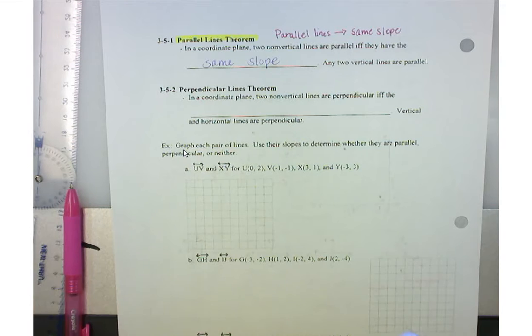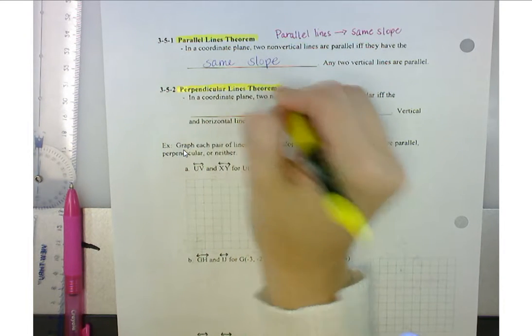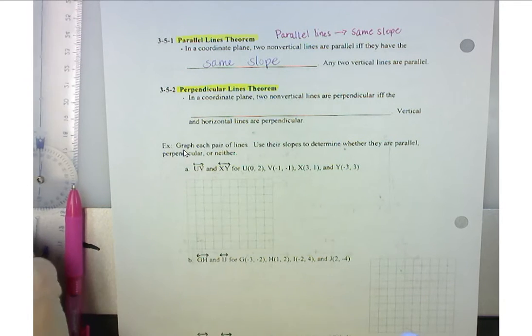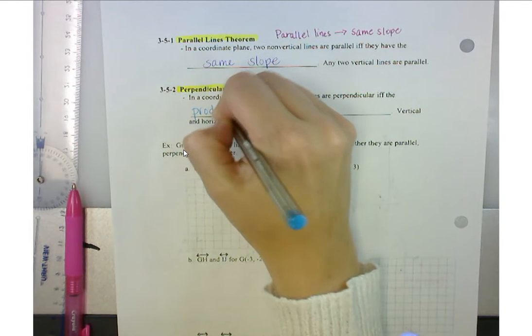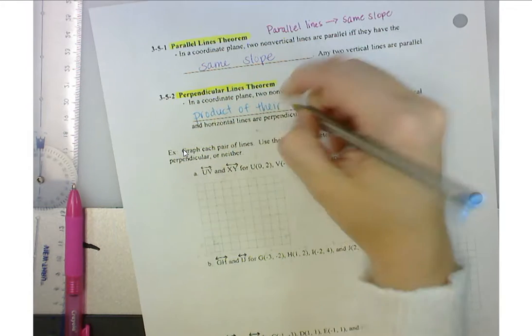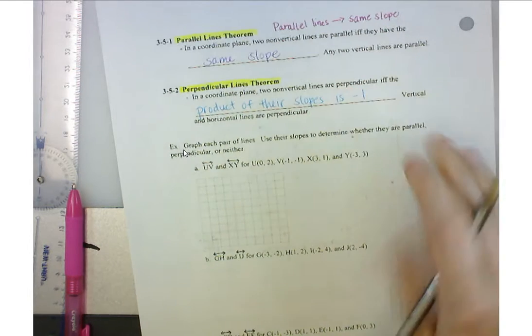For the perpendicular lines theorem, it says in a coordinate plane, two non-vertical lines are perpendicular if and only if the product of their slopes is -1.